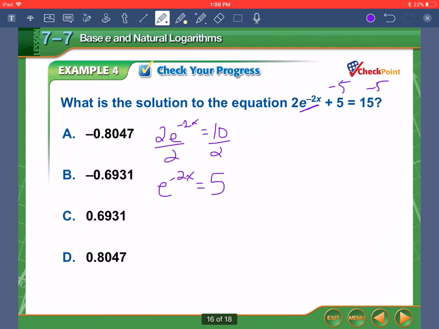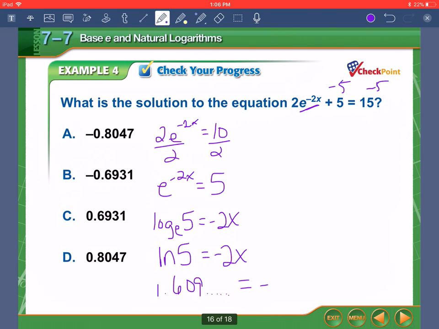Now I can put this in logarithmic form. So log base e of 5 equals negative 2x. I can replace log base e with the natural log of 5 equals negative 2x. In the calculator, I'm going to put the natural log of 5 in, and I get 1.609, and it keeps on going, which equals negative 2x.